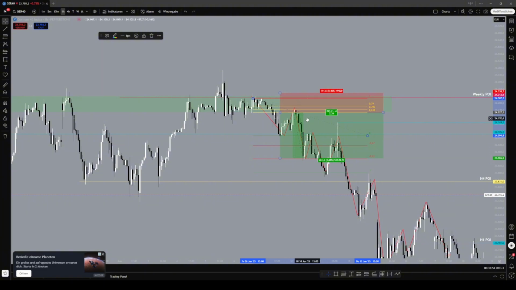0.62 level, and that's not only for searching for entries but also to determine how far the price will go and where to set your take profits.